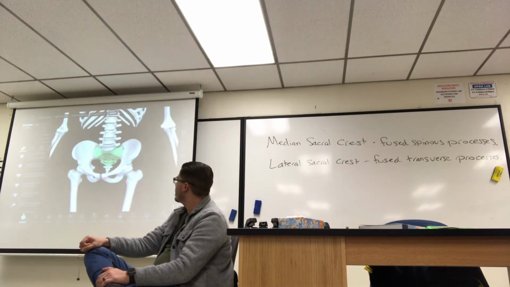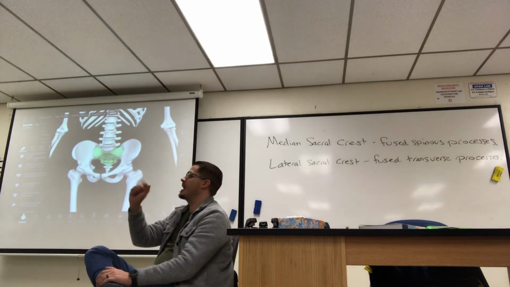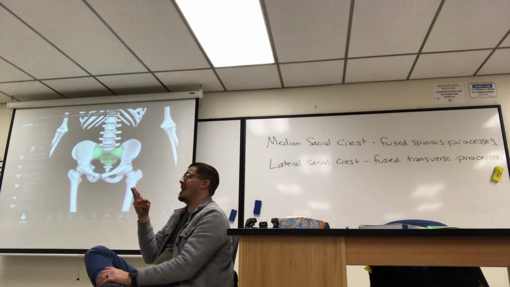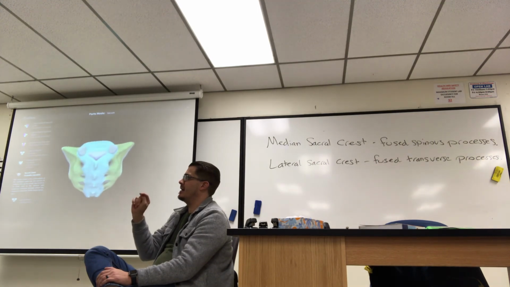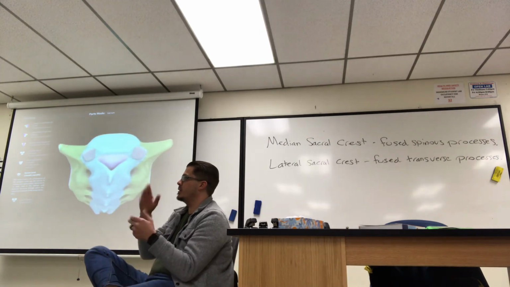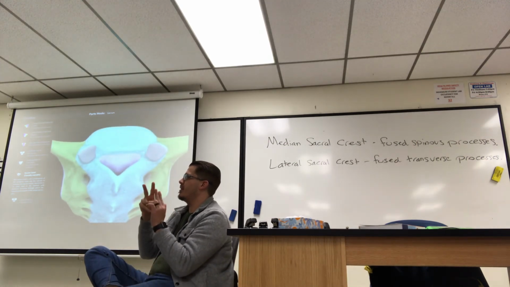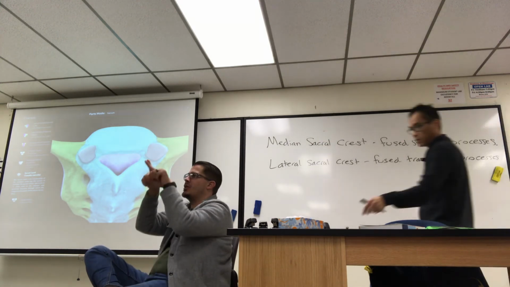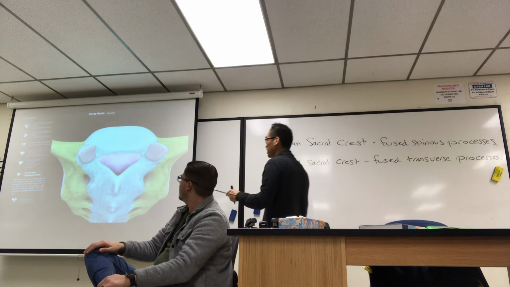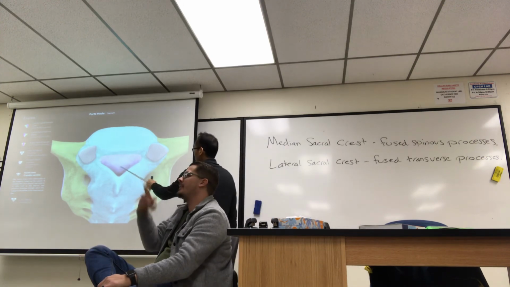Last on the study list are the sacral canal and hiatus. So let me go back over here. It's highlighted in a very faint purple, that triangle. It's like an upside down Hershey kiss shape. It's right there. That's a canal.